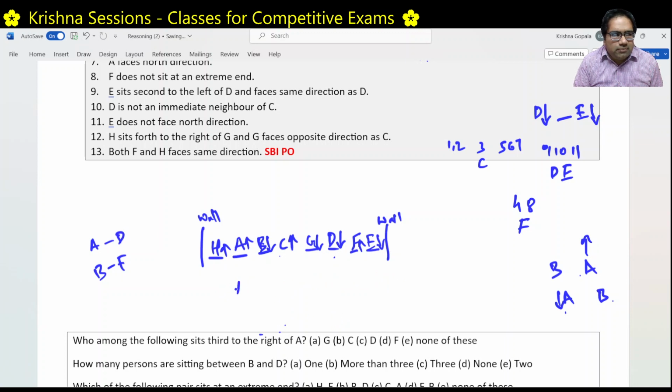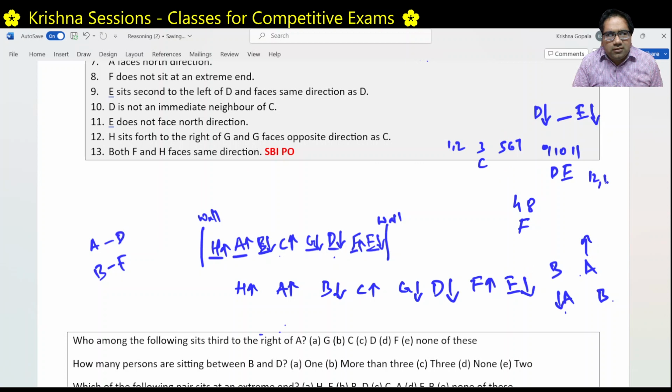Let's look at the complete solution again. H up, A up, B south, C north, G south, D south, F north, E south. This is the arrangement, right? And what all conditions have we used? We have used the 12th and 13th condition also.